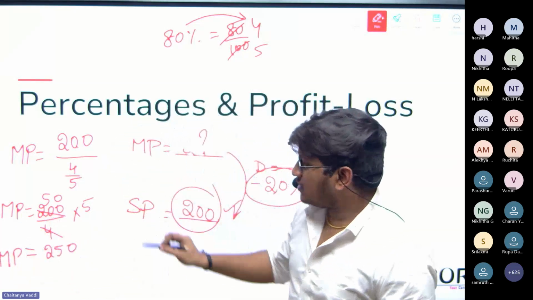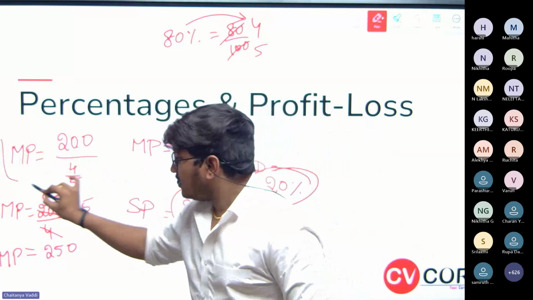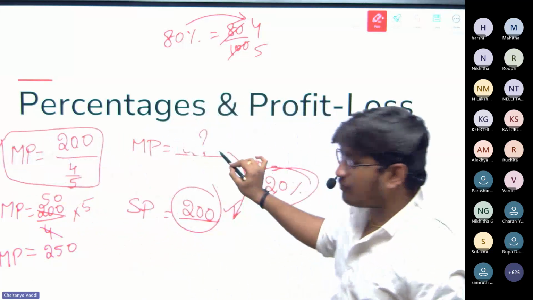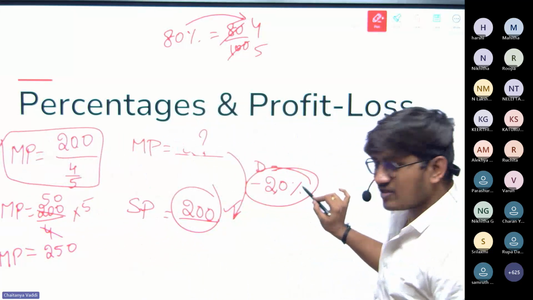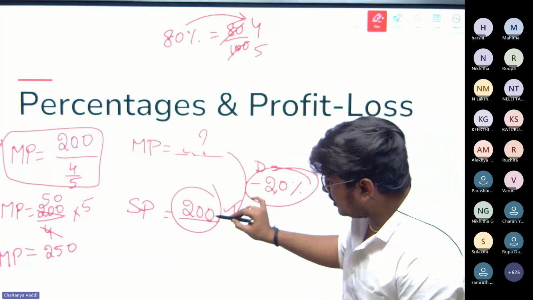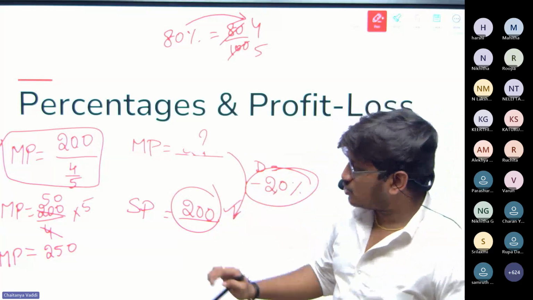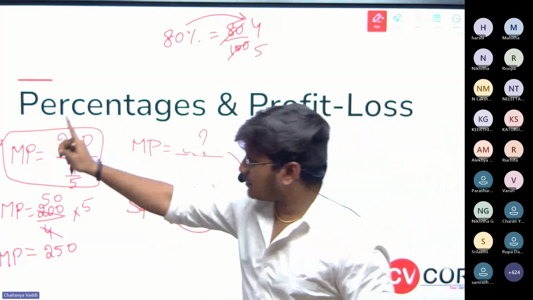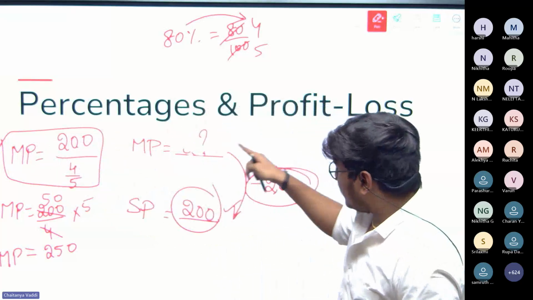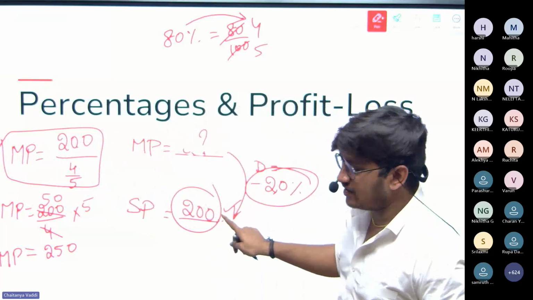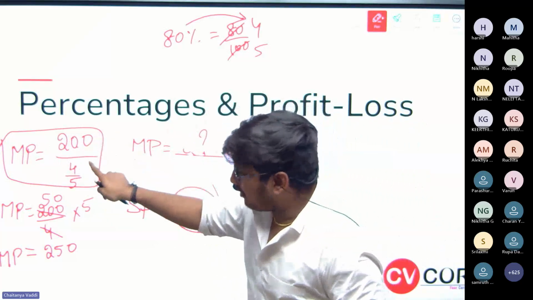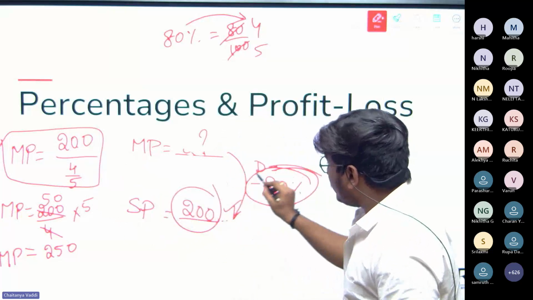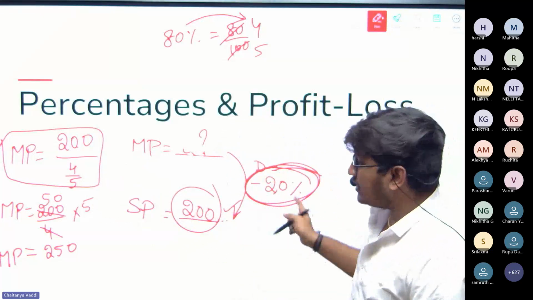So you can just remember this logic. From one market price, if you are getting a 20% discount, after removing the 20% discount, you are getting 200. So what will be the market price? Market price is equal to, after removing the discount, what is the value? 200. Write this 200 divided by how much you are removing? 20% removing, so don't write 20% there.